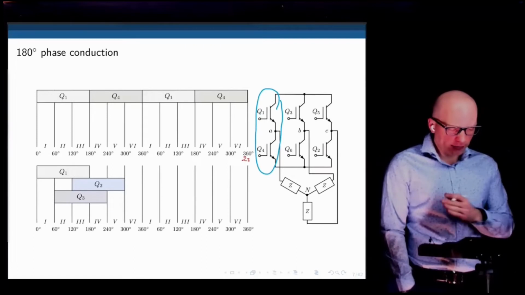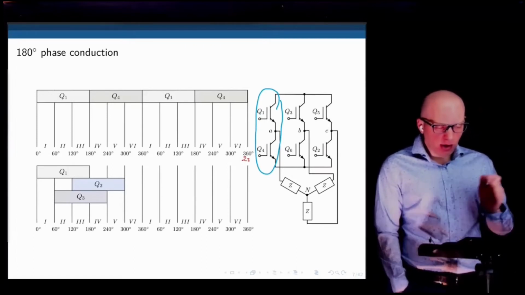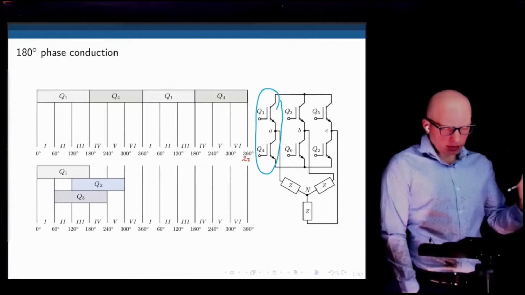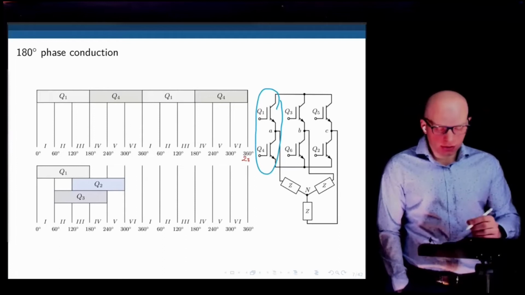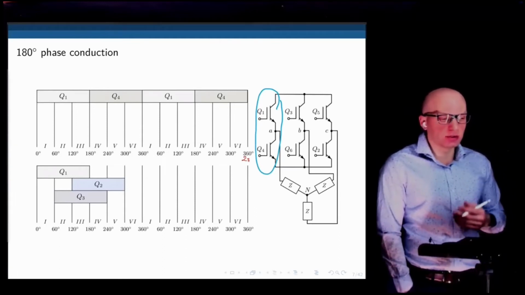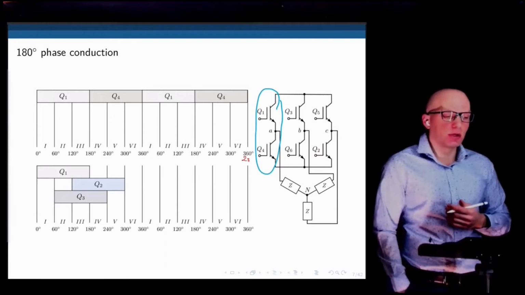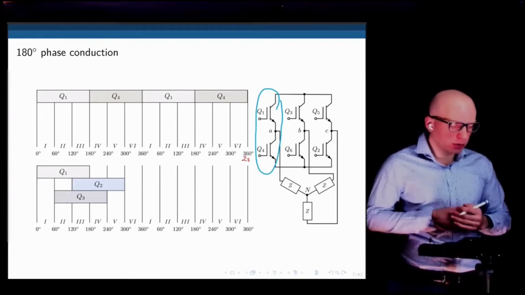Here we have 6 different regions, and each of them has a width of 60 degrees. We're going to let one transistor in this leg conduct for 180 degrees. That's why we call this 180-degree conduction. We start with transistor Q1.